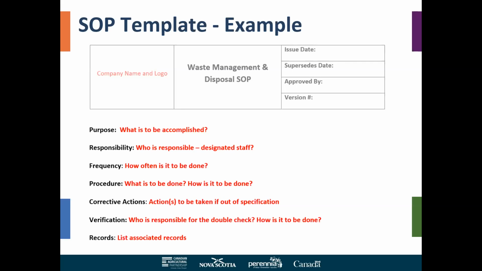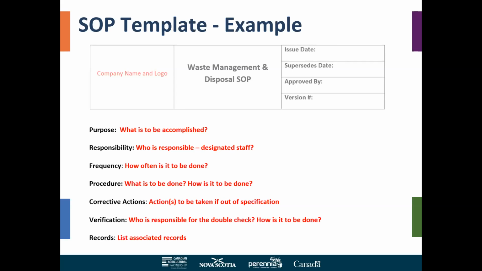These are important because they let you know you're using the most up-to-date document. If you don't have an issue date, revision date, or supersedes, how do you know you're using the most up-to-date document?